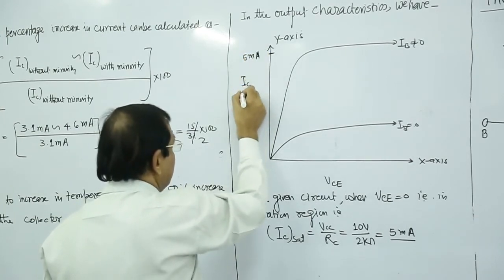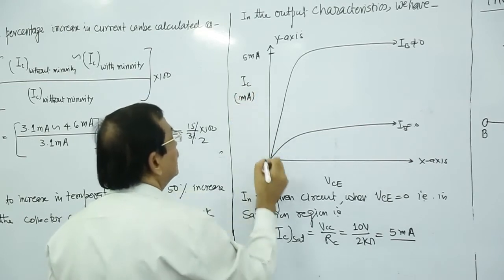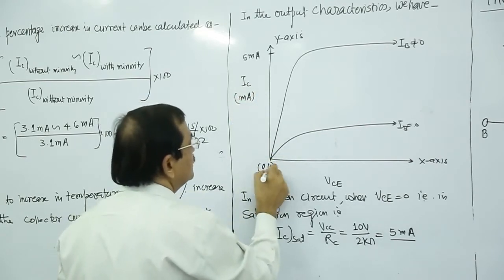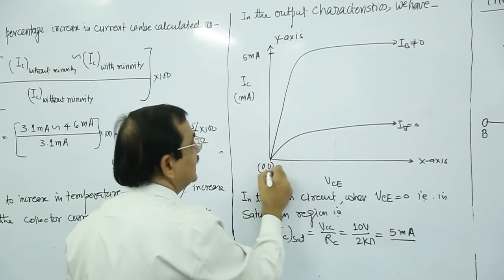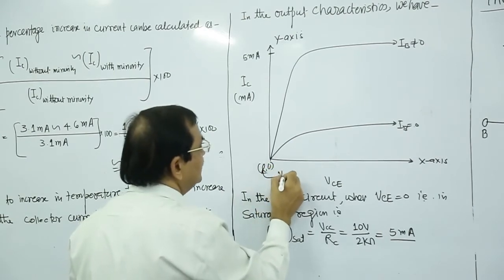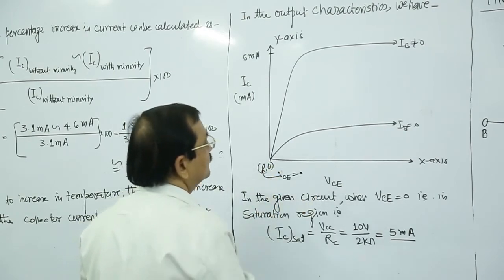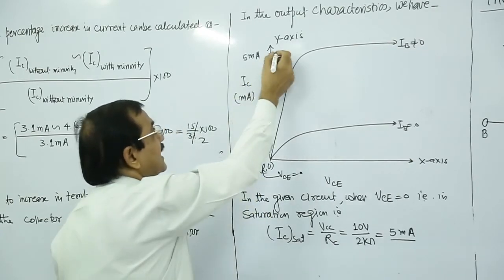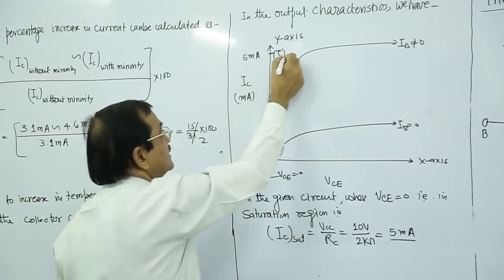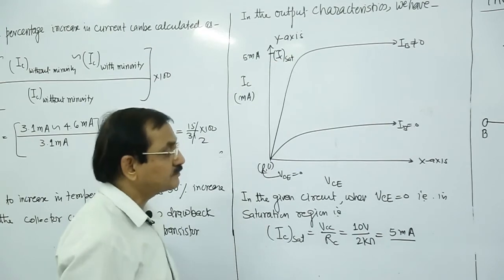Because at this point this is 0, 0. So at this 0, this 0 is VCE, which is 0 at this point. So this IC is saturation current.